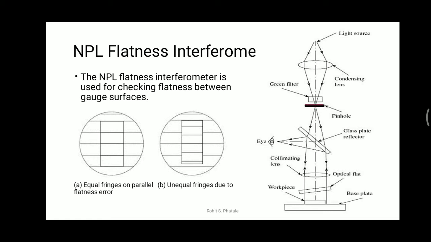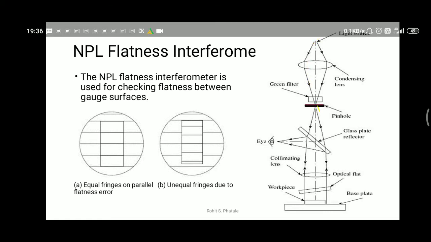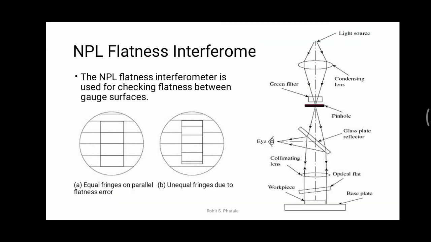Then the rays are reflected and can be viewed on the glass plate reflector. So the light coming from this light source gets into this green filter and is filtered into monochromatic light, then passes through this pinhole, and after that passes through this glass plate reflector.